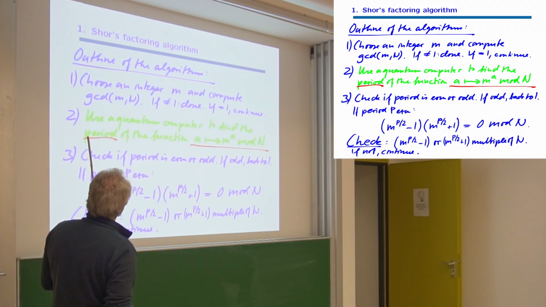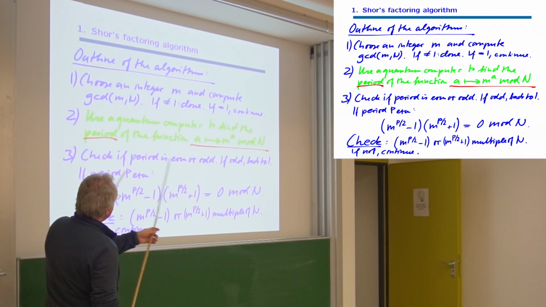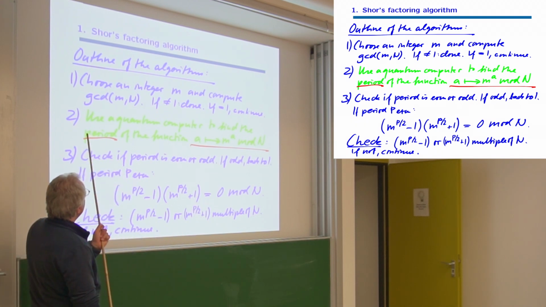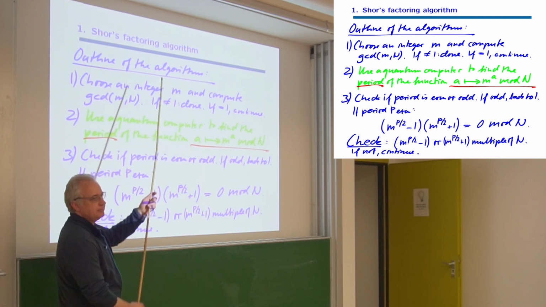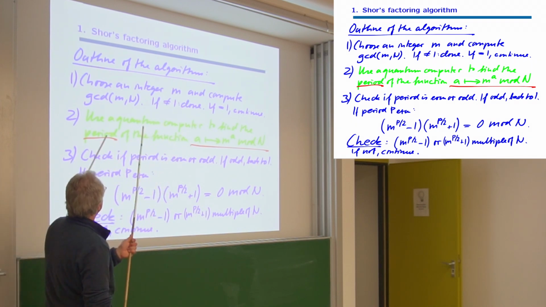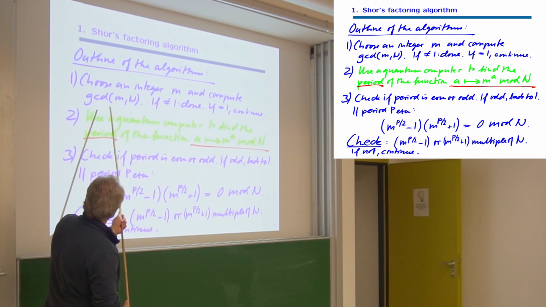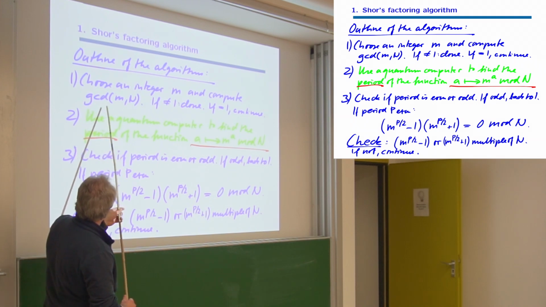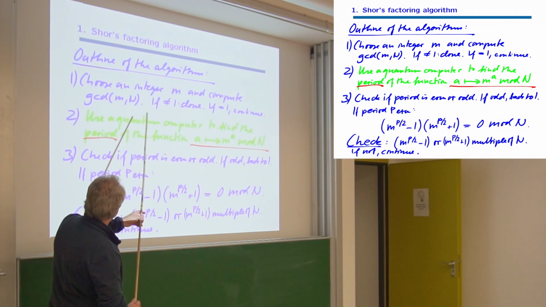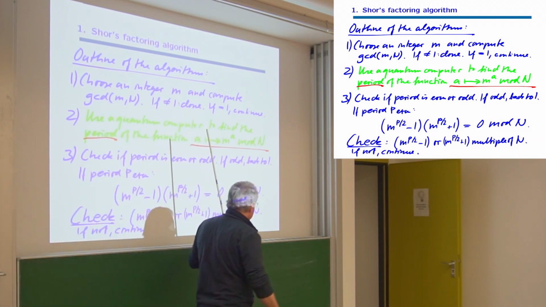Here it begins. n is what we want to factor, and we start with a random integer. Now pick a sufficiently large integer, or any integer, and compute the greatest common divisor of it with n.